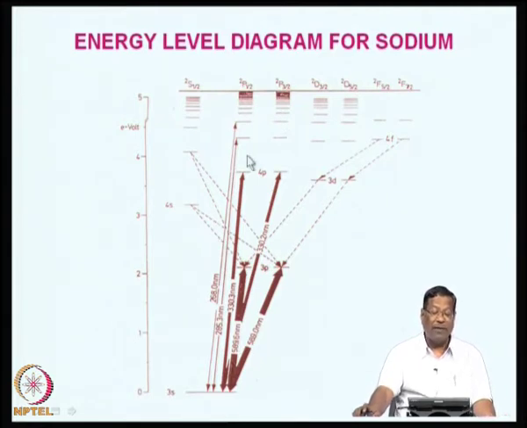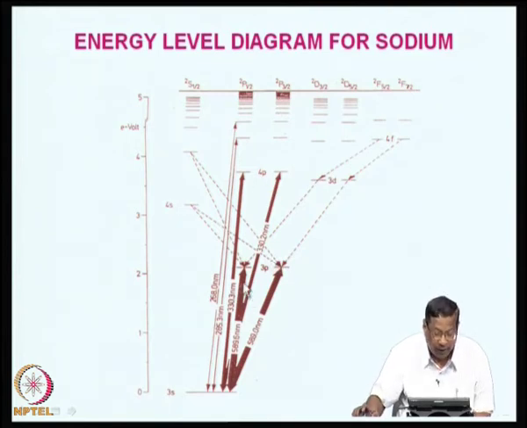That means, an excited electron can also fall back to the ground state. Either it can fall back from the same level to which it is excited, or it may be excited somewhere else, some other line, but it will fall back to 3p, and then from there it can fall down.